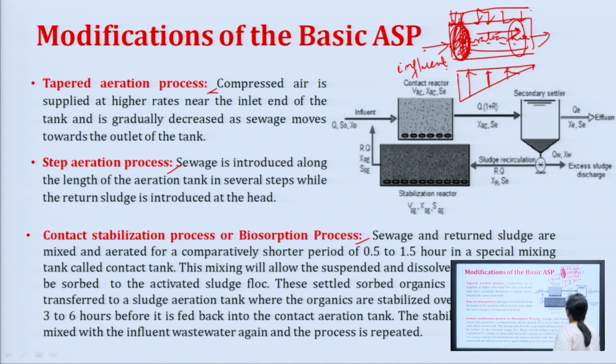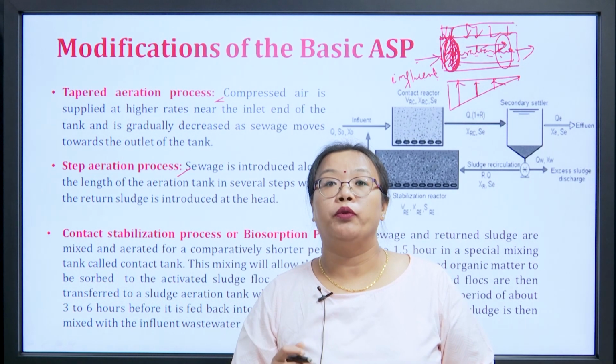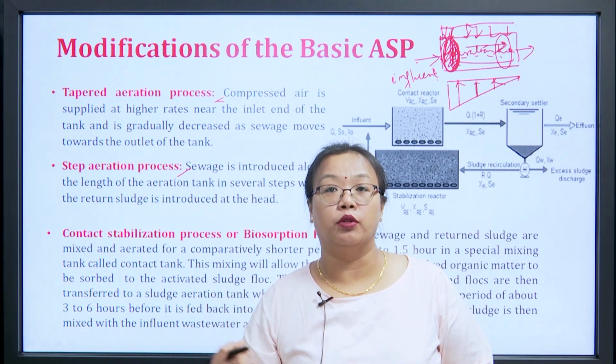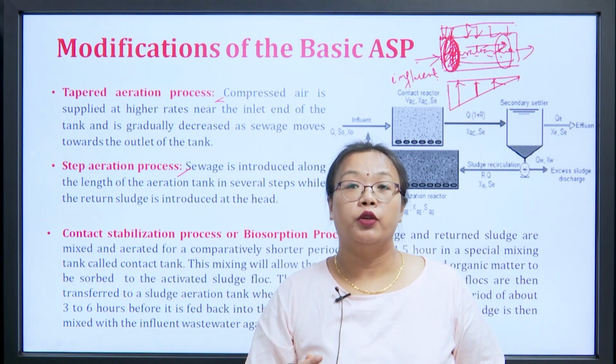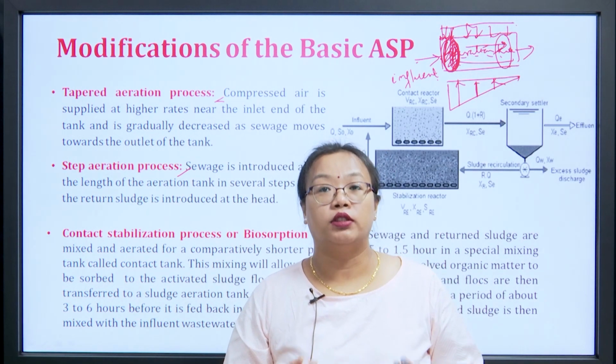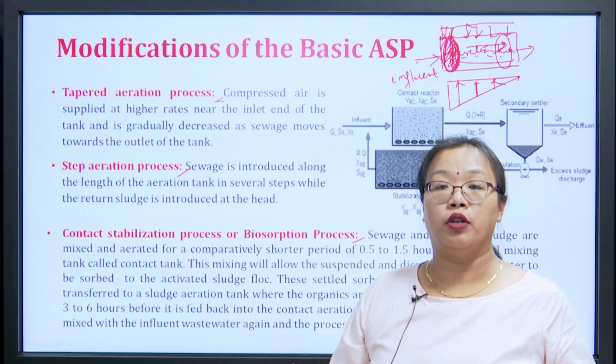Right? मतलब यहाँ पे आपने ऑक्सीजन, पहले क्या होता था, कन्वेंशनल में यू आर सप्लाइंग एयर एट अ यूनिफॉर्म रेट एवरीवेयर. बट टैपर्ड में क्या होगा, स्टार्टिंग में आपको ज़्यादा चाहिए होगा तो स्टार्टिंग में यू विल सप्लाई मोर एयर एंड एट द एंड यू विल सप्लाई लेस. Why, so that आपका कंजम्पशन कम हो जाएगा. So you are actually reducing the wastage, right. You are not wasting oxygen, you are not wasting electricity, right, because aeration is directly proportional to your electricity consumption, right.